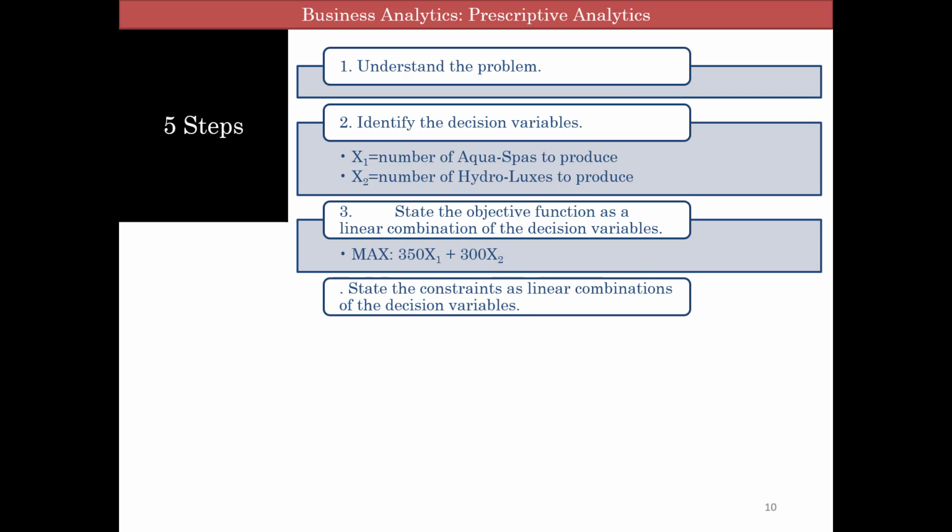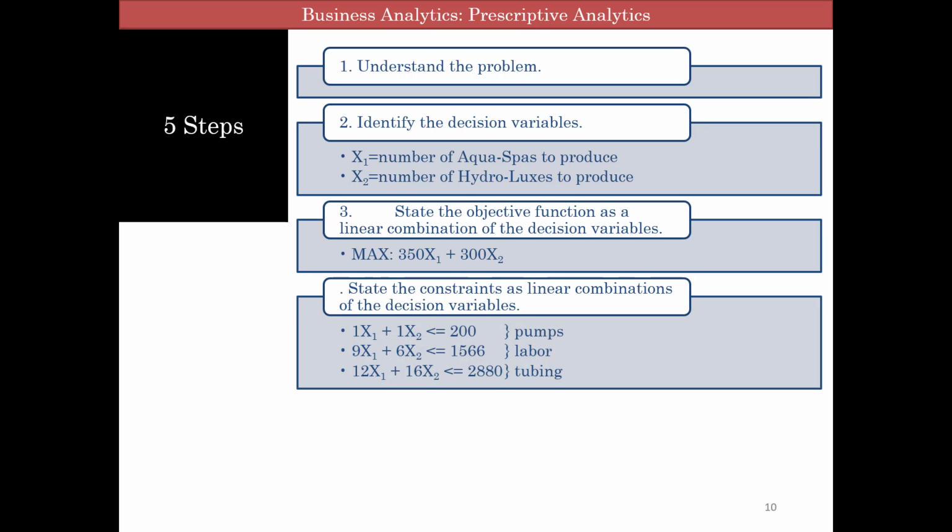Now we are going to state the constraints. So let's look at each constraint, right? So here are 3 sets of constraints, and let's look at each one, and let's convert them into English. So the first one we are looking at here, we're saying number of pumps used should be less than 200, right? Because you don't have more than 200 pumps.